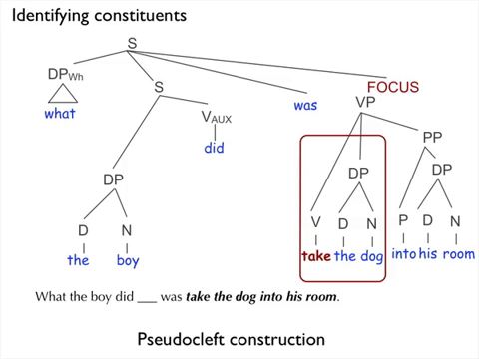Oh, I see. The auxiliary and the verb be have to be a match? I'm not sure. Yeah, I think it probably does, right? What the boy does, because it wouldn't. What the boy does was, no, that's not going to work, right? They have to be matching, I think. I never thought about this one.